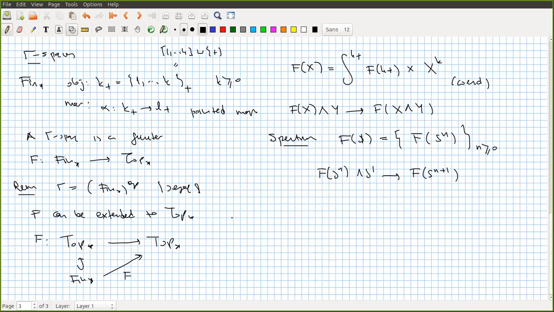Okay, so let's see the most important example for us. You take the functor Ku, which will correspond to connective complex K theory. So this is a functor which is defined as follows. K plus is mapped to a space. Let's first define the space as a set.